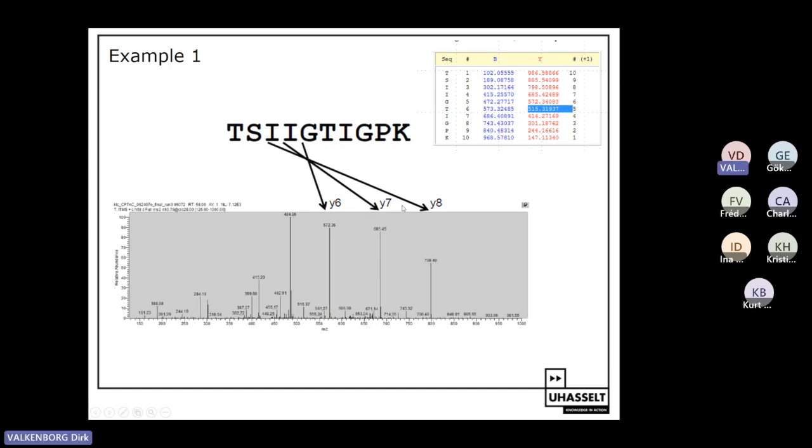We see some B ions, and for that reason, we can conclude that the spectrum that we're looking at indeed is generated by fragmenting this peptide sequence. So it's matching the masses between an observed spectrum and a theoretical spectrum and computing a goodness of fit score that will lead to a positive identification of a fragment spectrum.